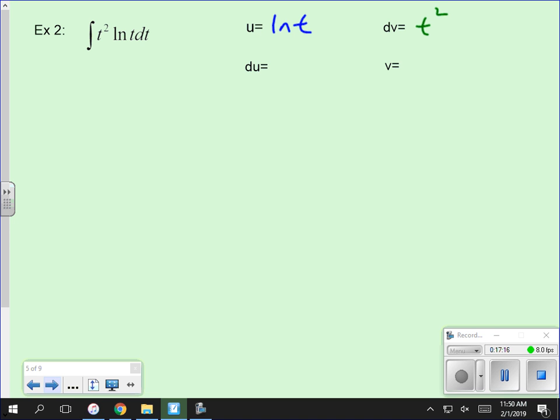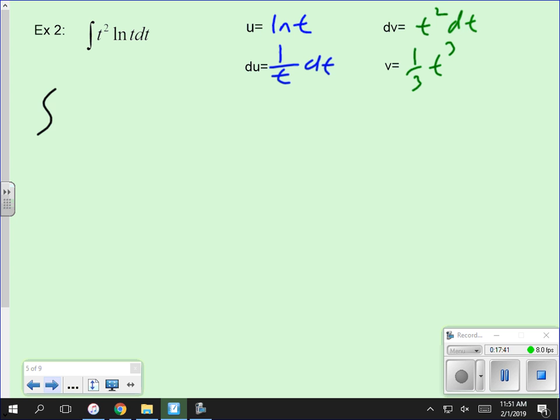So what's your V? If dV is t squared dt, your V is 1/3 t cubed. And if u is the natural log, du would be 1/t dt. And now I can do this.